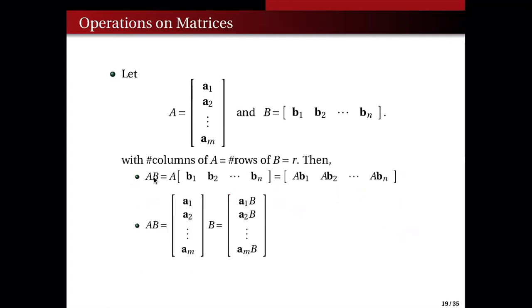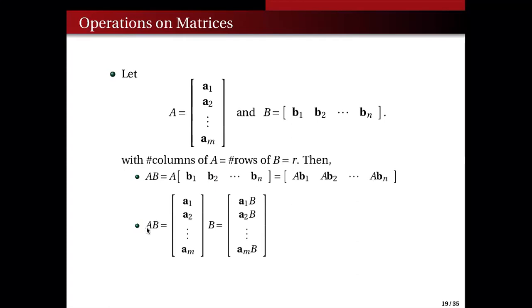The product AB is your matrix A times this row vector B. So it's like we are just going to distribute the A. So here you have AB1, AB2, until ABN.